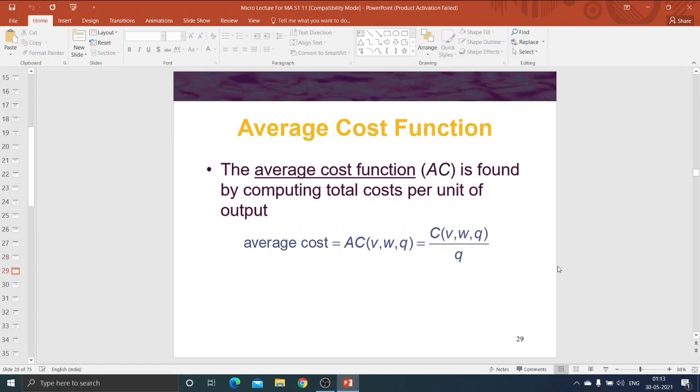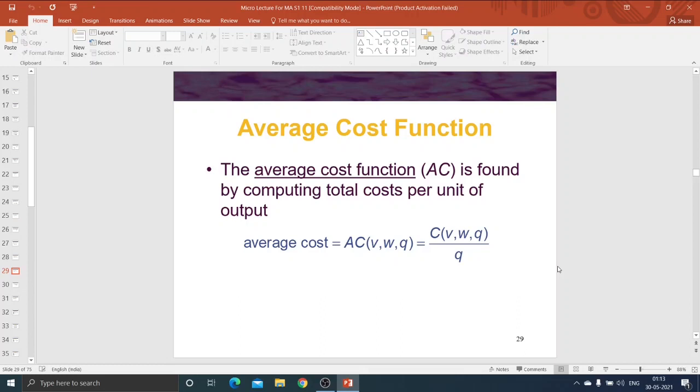If you are looking at the average cost, mathematically the relation is the following: C(V, W, Q) divided by the total quantity. So average cost is nothing but the total cost divided by the quantity.